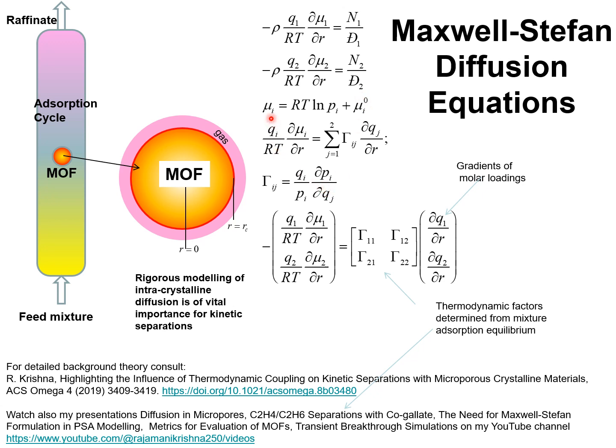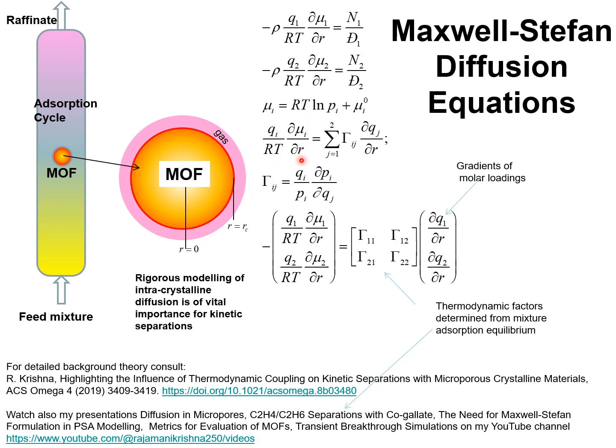The chemical potential gradients are in turn related to the partial pressures P sub i of the gas components in the gas mixture surrounding the microcrystalline adsorbent.